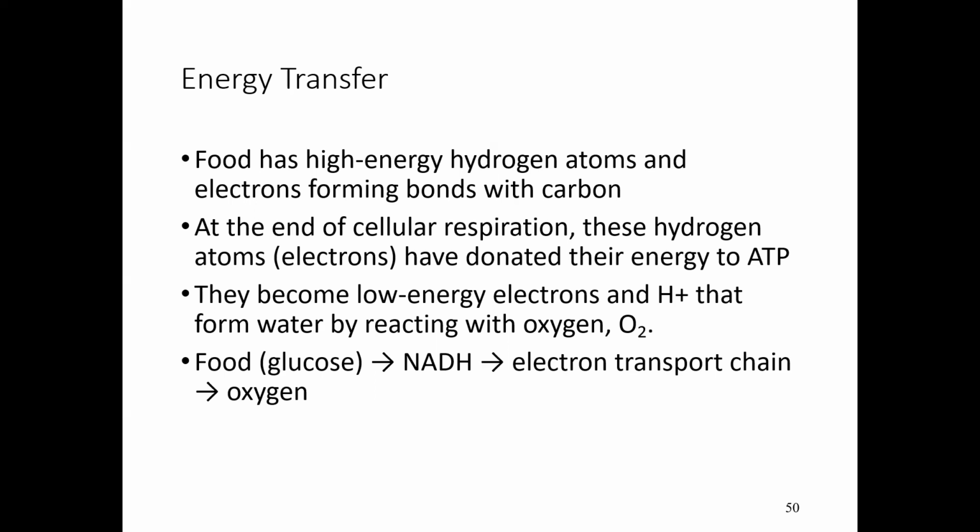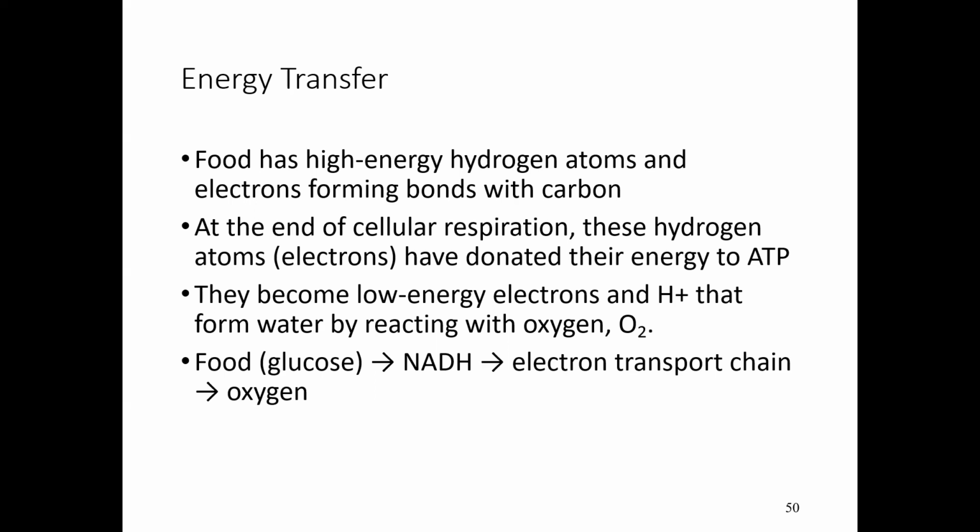And here between the carbons and the hydrogens, there are lots of high energy electrons. And we need those hydrogens and those electrons. And we will transfer the electrons to the NAD+ as an intermediate step as we start stripping away electrons and hydrogens from glucose. The whole process of oxidation involves stripping away electrons and hydrogens.